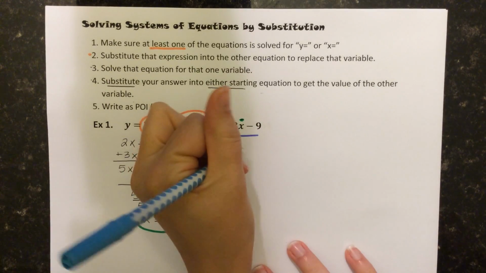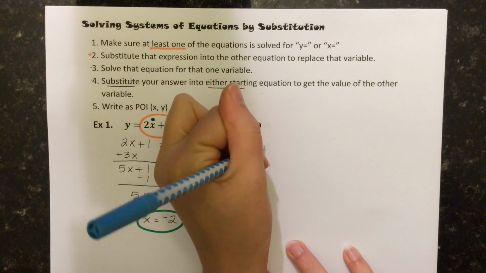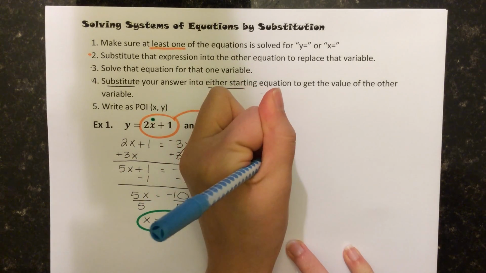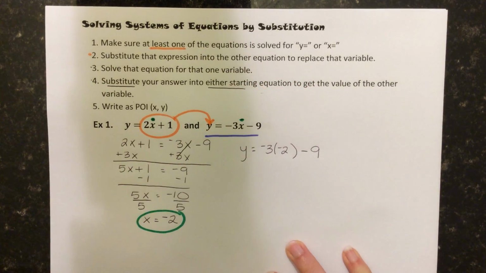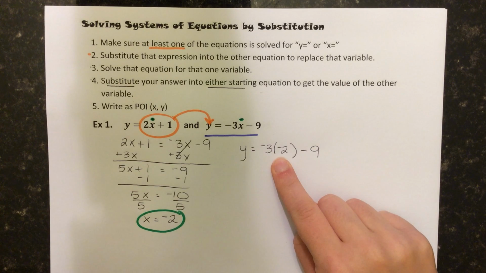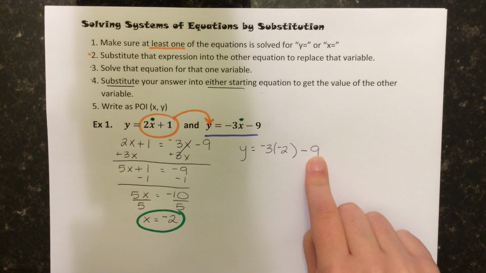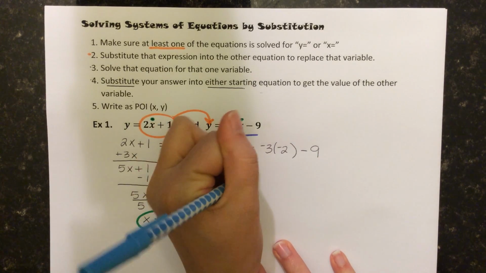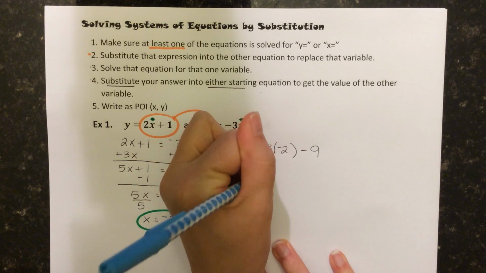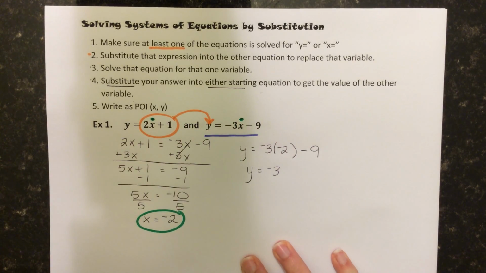So that would look like this. Y equals negative 3, no more x. I know what x equals, so I'm substituting that answer in. And when I type this whole thing into my calculator, I get negative 3.